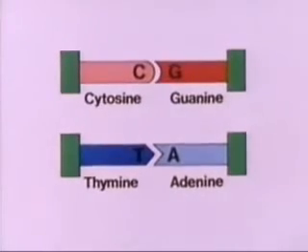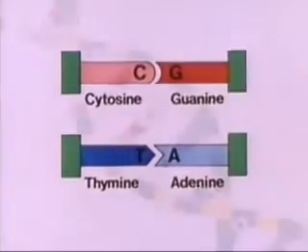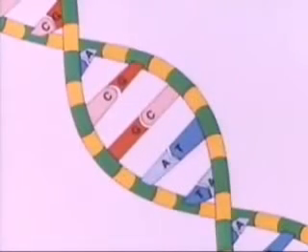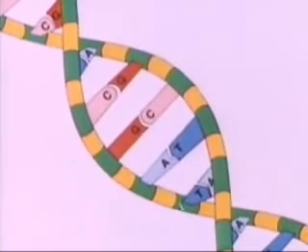The bases can only pair in this way, cytosine with guanine and thymine with adenine. You can see that here, C always linked with G, A with T.